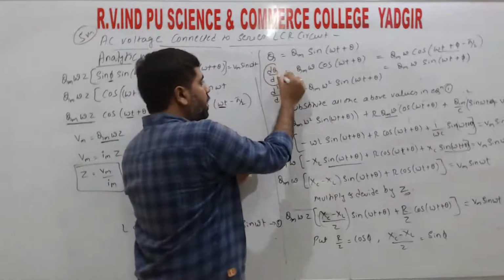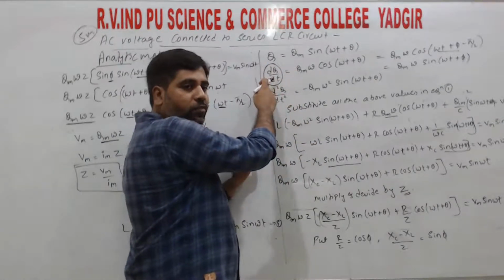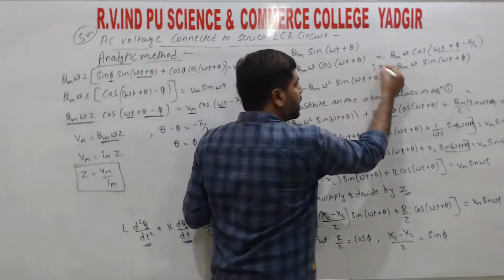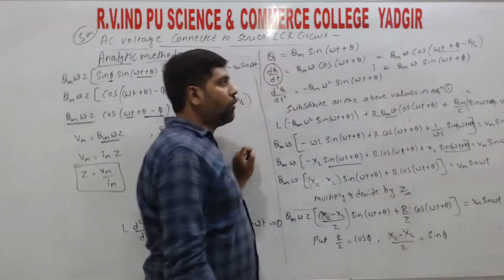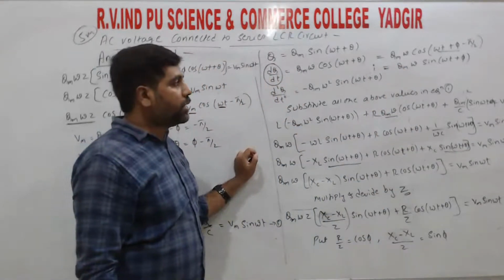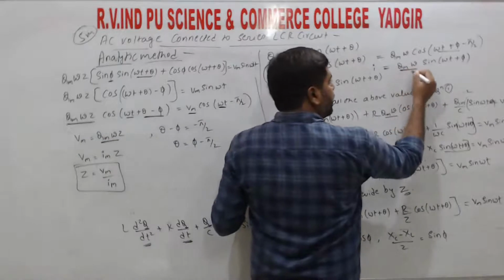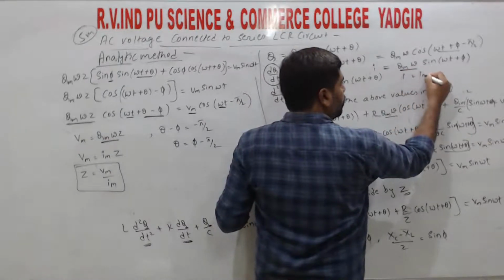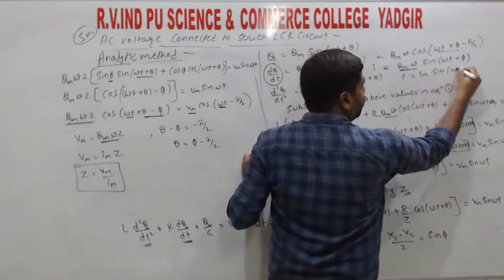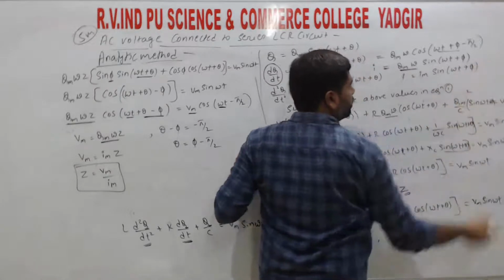So dq by dt on the LHS we call this the current, right? So we can relate I is equal to Qm omega sin of omega t plus phi. So hence we can relate this as I is equal to Im sin of omega t plus phi.